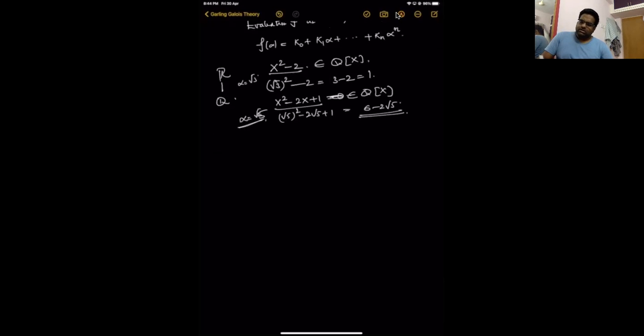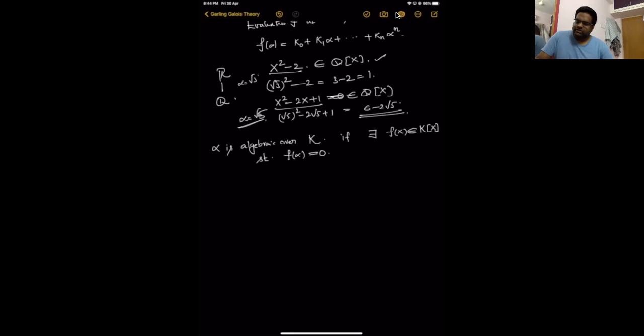Okay. So now based on this evaluation, we are going to define: alpha is said to be algebraic over K if there exists some non-zero polynomial f of x in K bracket x such that f of alpha is equal to 0.